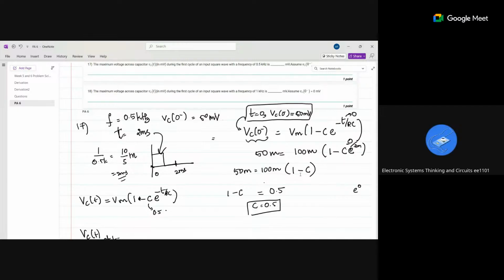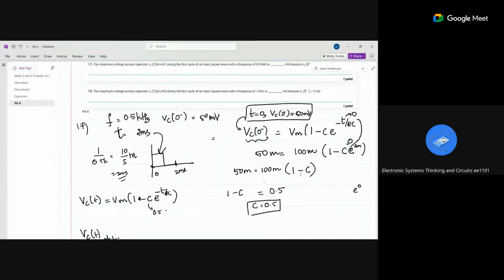When t is equal to 0 and Vc is equal to 0, C will be 1, right? Minus 1. Okay, it will be 1 now.